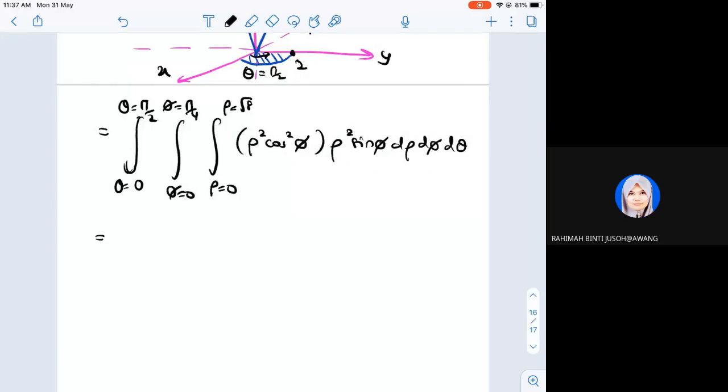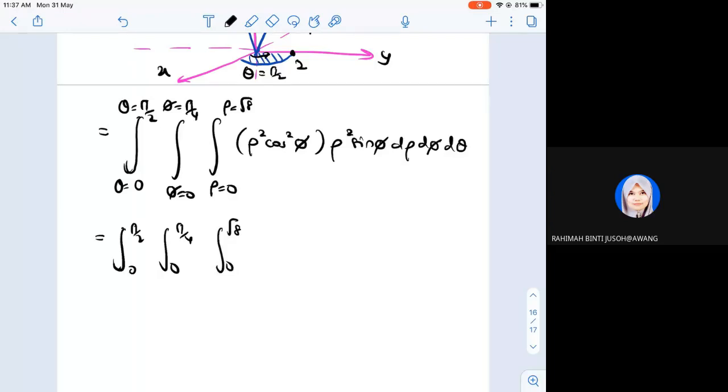Okay, so now we can proceed with the integration. Okay guys, macam biasa. Proceed. So, rho squared you kembangkan dulu. Okay, from 0 until pi over 2, 0 until pi over 4.